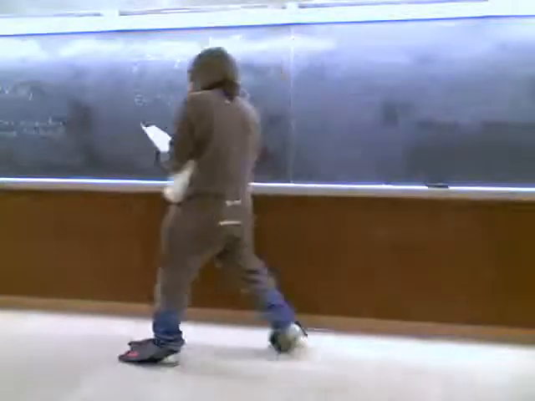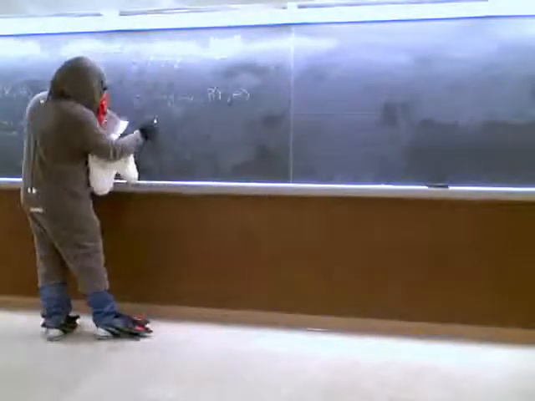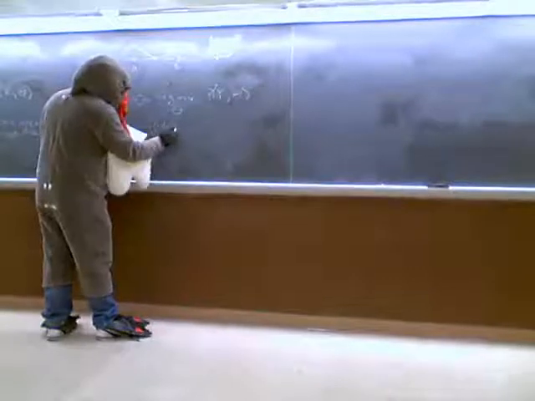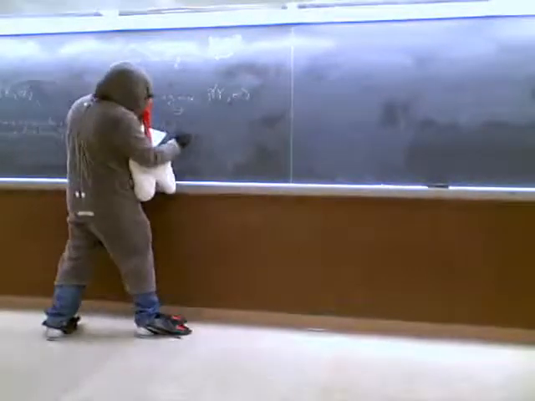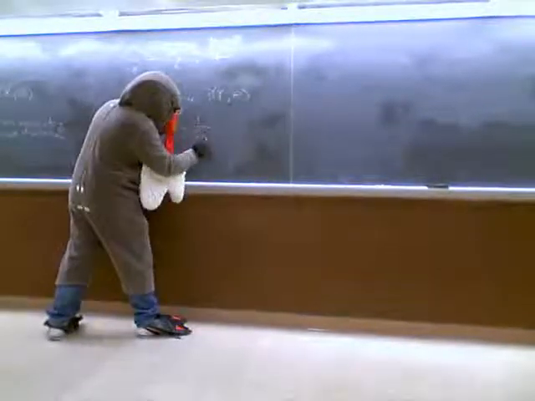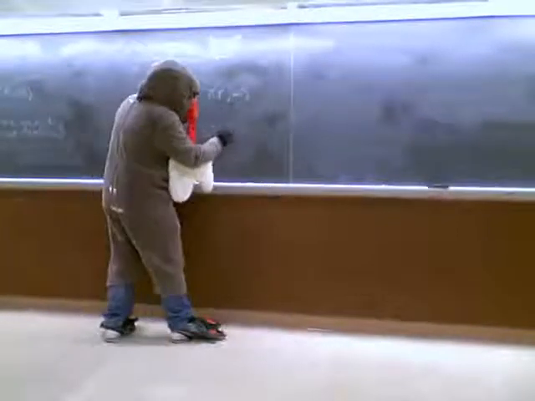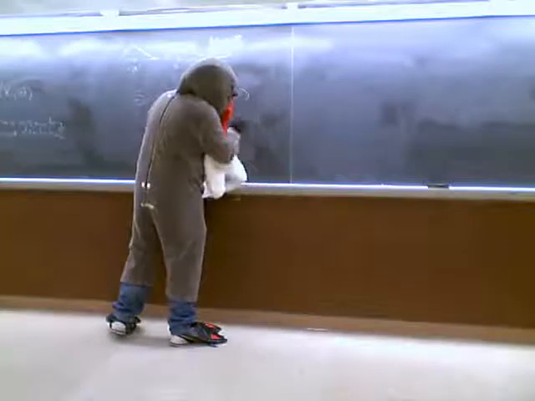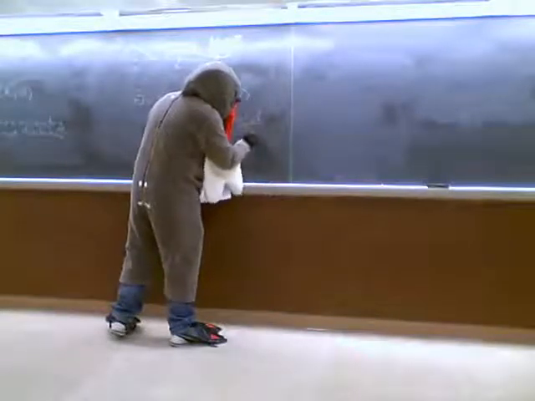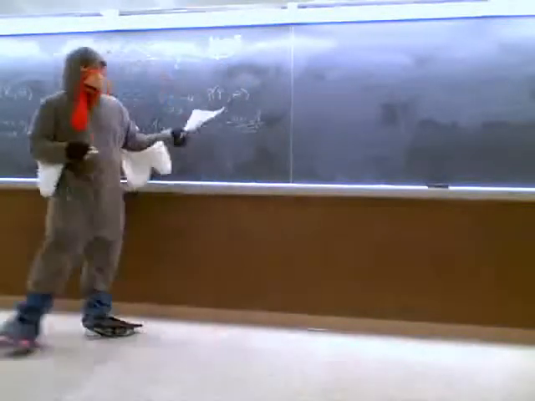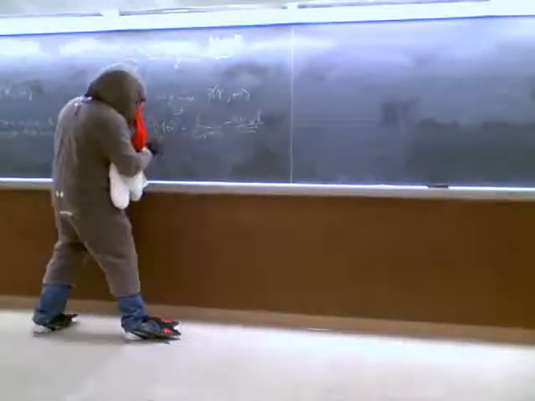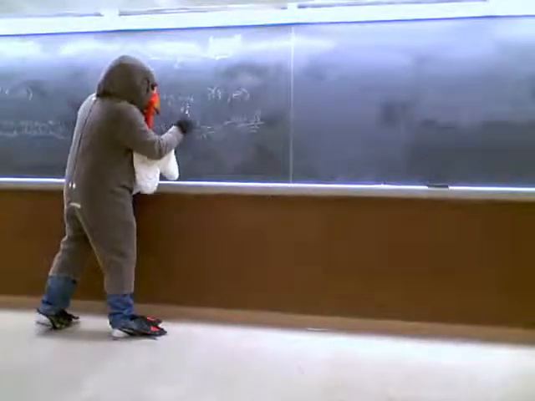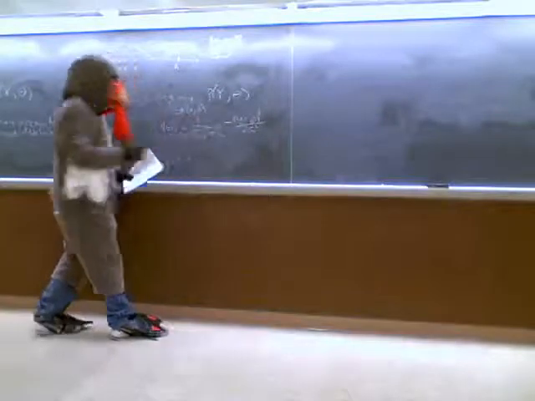We had f of y given theta in this particular case equal to 1 over sigma n root 2 pi, e to the minus (y minus theta) squared over 2 sigma n squared. Theta, remember, is in the space A and minus A here.